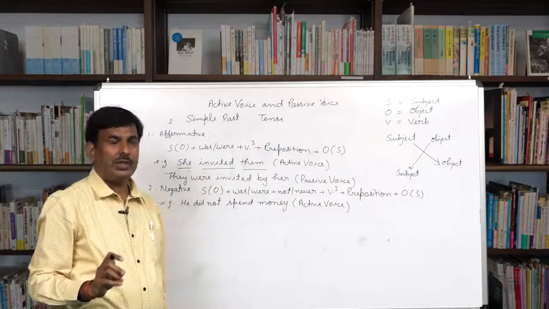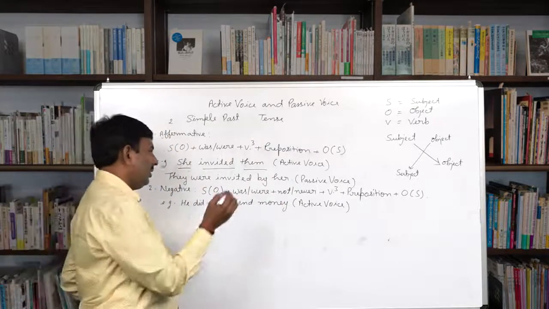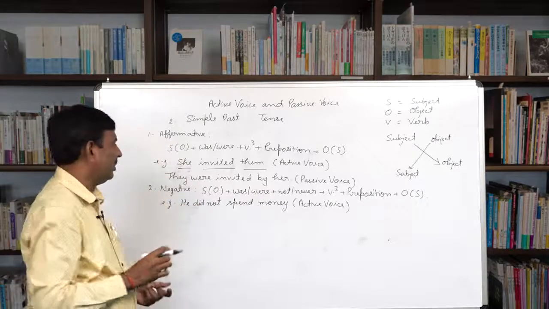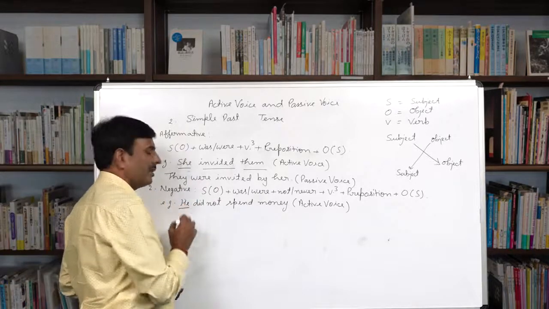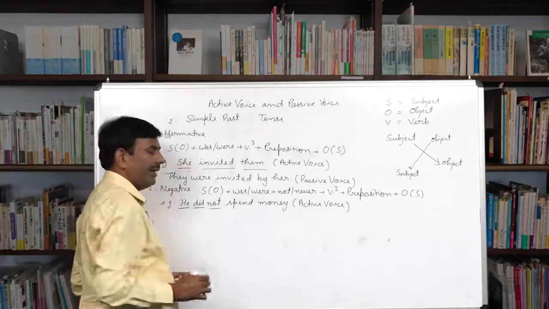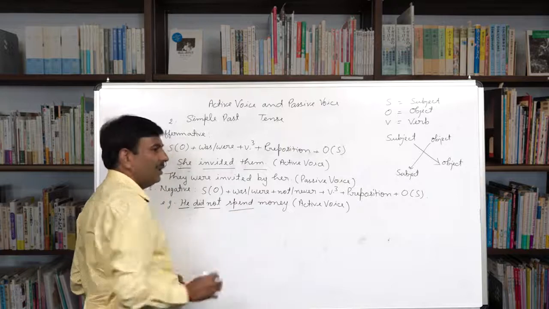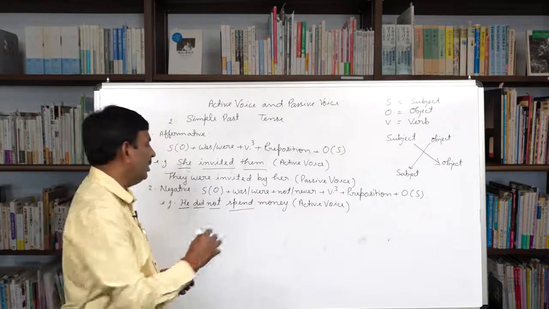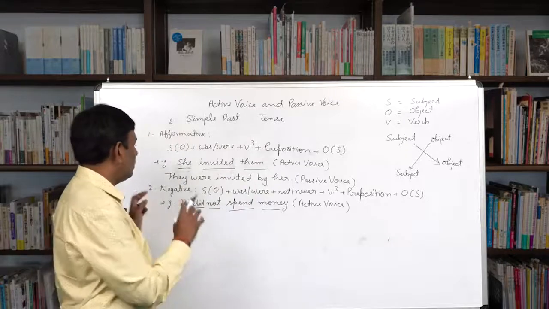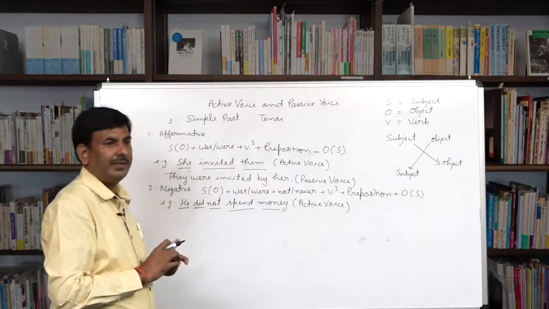Dear students, in this sentence, you can classify first of all the parts. He, this is subject. Did, helping verb. Not, adverb. Spend, this is first form of the main verb. Money, this is object. And this overall sentence is of an active voice.